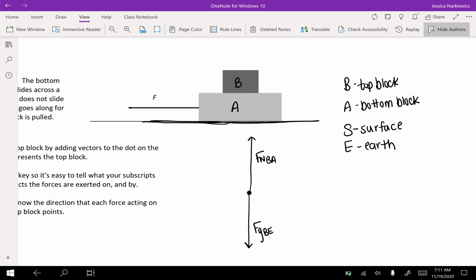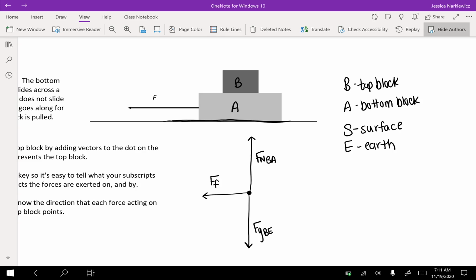Okay? So because block A is essentially getting pulled out from under block B, block A would appear to slide leftward without friction. So friction's main job is to prevent that sliding. So in order to prevent that sliding, friction needs to act to the right because block B would slide to the left.